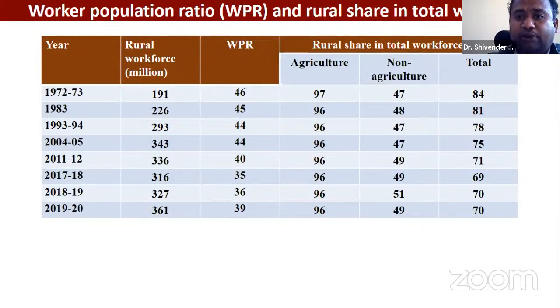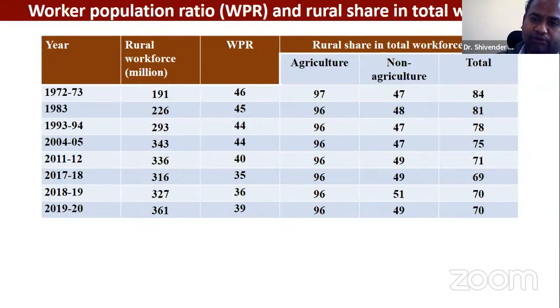There, if we divide, we see the contribution of rural areas in the total workforce. You can see this. The WPR is declining over a period of time. It means that over a period of time, workers are increasing, but the population is increasing more than the workforce. That's why the worker population ratio is decreasing.